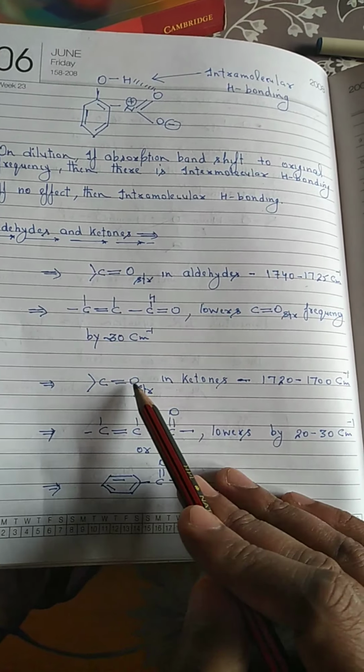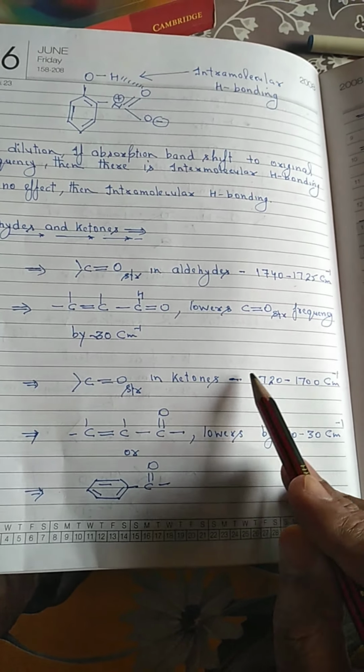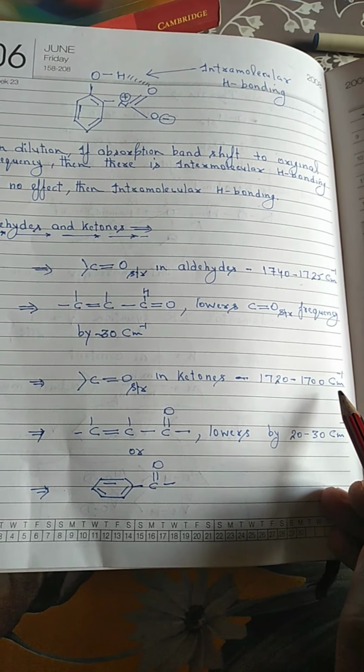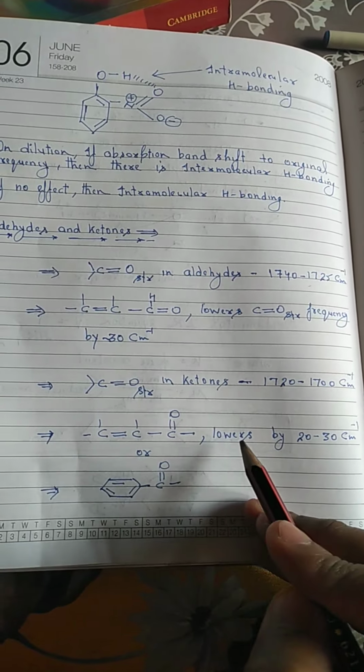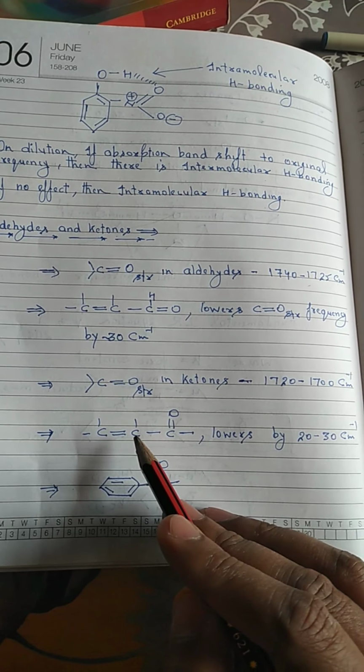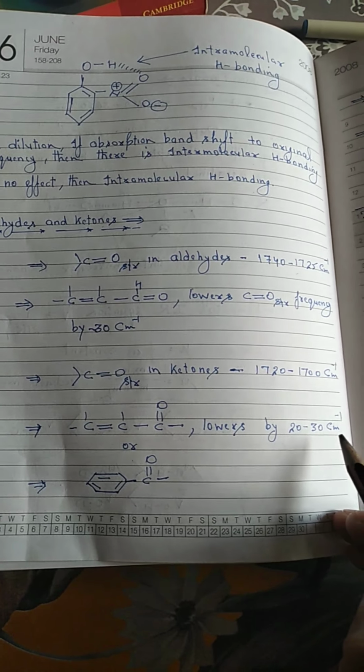The carbonyl stretching frequency in ketones ranges from 1720 to 1700 centimeter inverse. Again, if the carbonyl group in ketones is in conjugation with a carbon-carbon double bond, the absorption frequency lowers by 20 to 30 centimeter inverse.